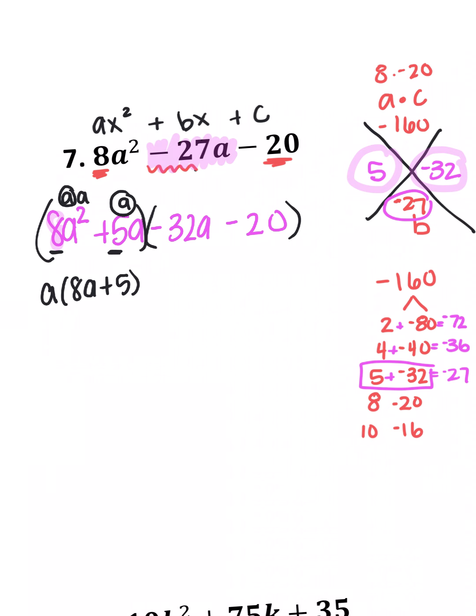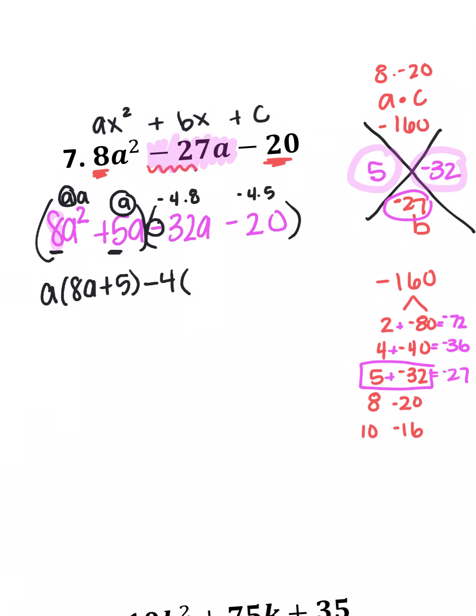All right, we said whenever it starts with a negative, you have to factor out a negative. So I'm thinking of the largest number that goes into 32 and 20, and I believe that is 4, because 4 times 8 is 32 and 4 times 5 is 20. So I'm going to pull out a negative 4.